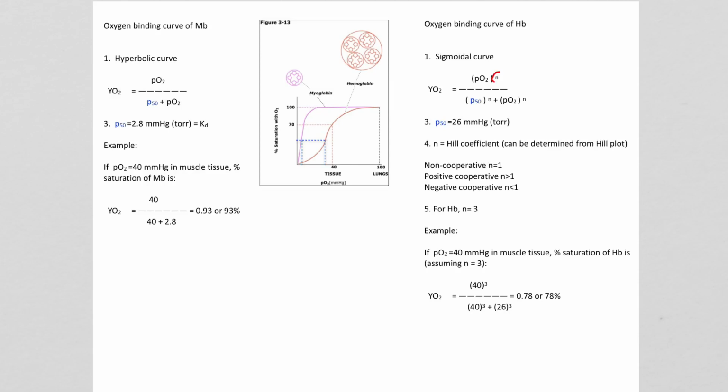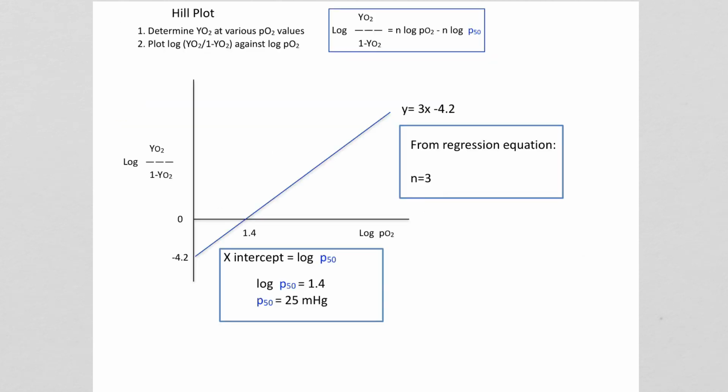This number n is called the Hill coefficient, and it can be determined from a plot called the Hill plot. In the Hill plot, instead of plotting YO2 on the y-axis, we plot log of YO2 divided by 1 minus YO2, and on the x-axis, we plot log of PO2.